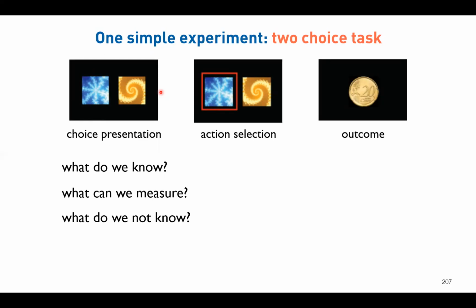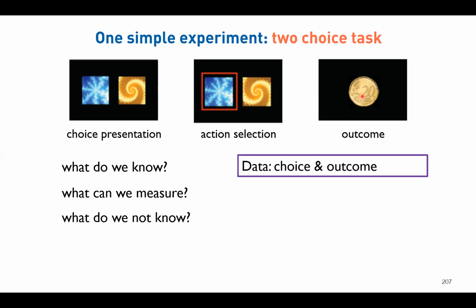This question is not so challenging to answer, I guess, because there is not too much to be recorded from the participants. We record the choice from the participants, and we record the feedback. So what we know is choice data and outcome data.